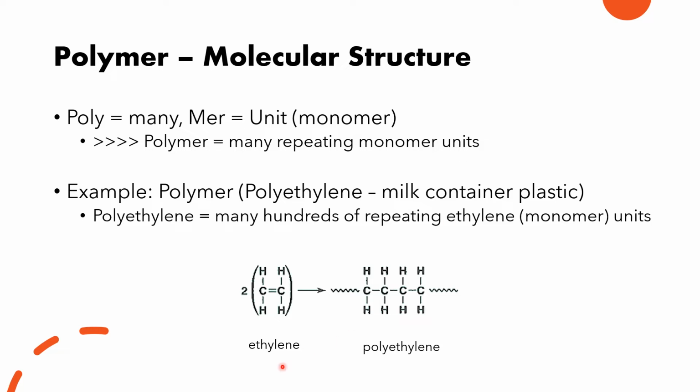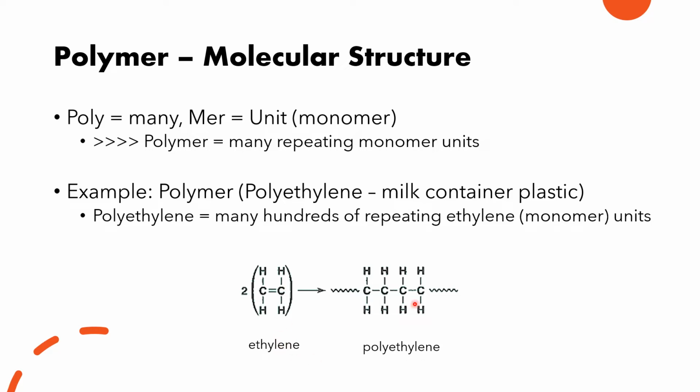Take a look at the example, and here I have ethylene. Ethylene has 2 carbons and 4 hydrogens. This is a molecule because it is composed of 2 different atoms in certain numbers. And this is polyethylene.